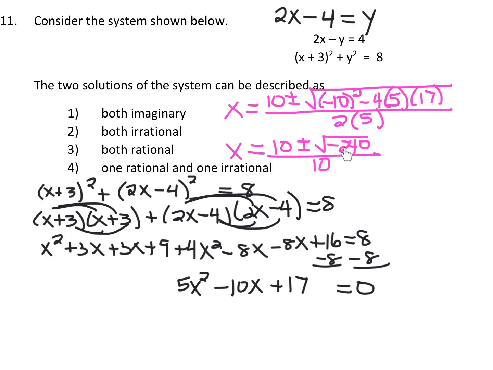If you have a negative under the radical, doesn't that mean we have imaginary answers? We're going to have 10 plus and minus some imaginary answer over 10. So both of our answers, the one that has a plus as well as the one that has a minus, are going to include the imaginary unit. So you don't even have to finish this. They just want to know, how can we describe the two solutions? They are both going to be imaginary. So choice 1.